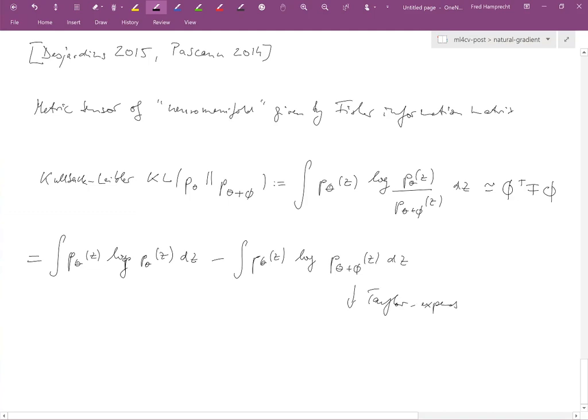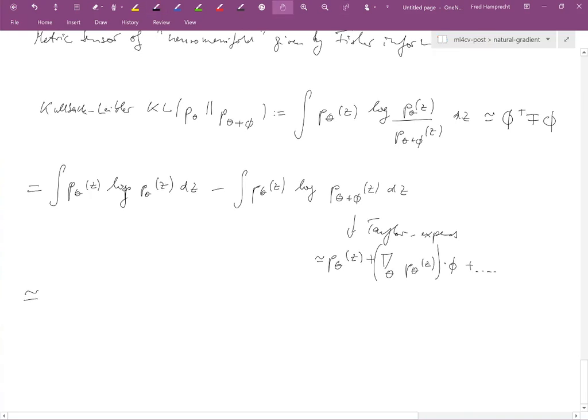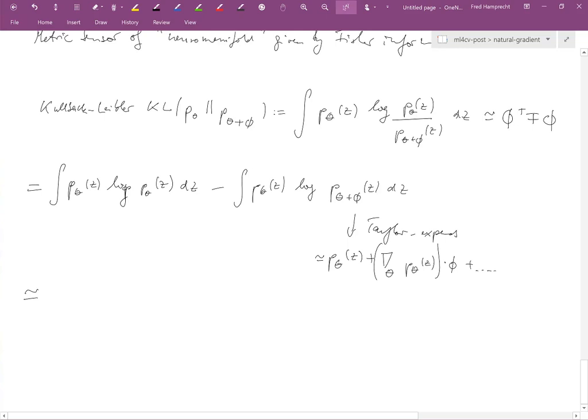It will be very modest here, to first order only. Again, the gradient here is a row vector and phi is a column vector, and we ignore higher order terms. And now with this approximation, let me write one more line here.